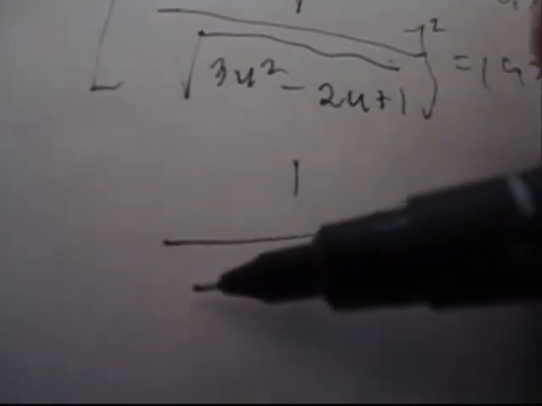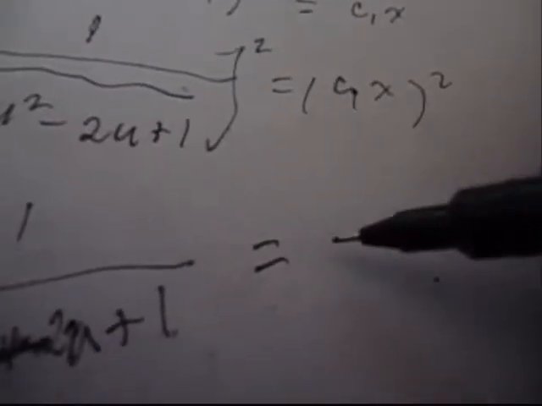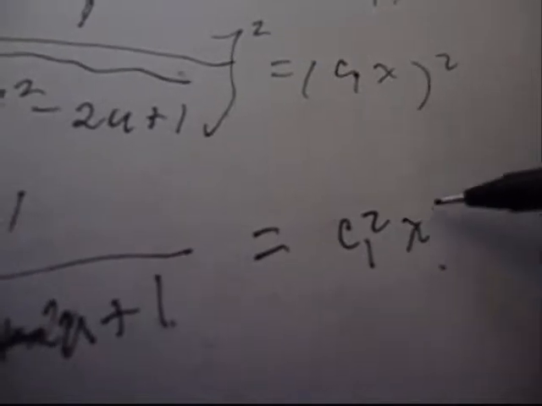Then so that we can get rid of the root, we square both sides, so we now have 1 over 3u squared minus 2u plus 1, sorry, because I'm always making mistakes, is equal to c1 squared x squared.